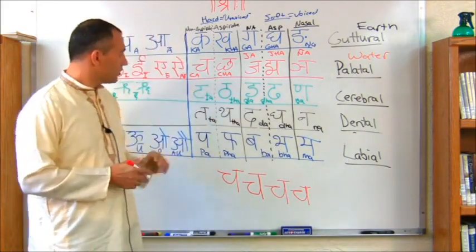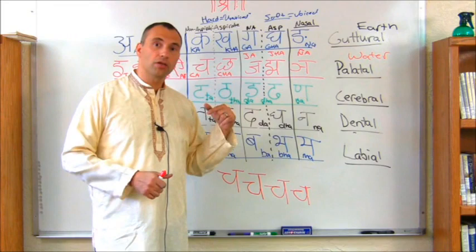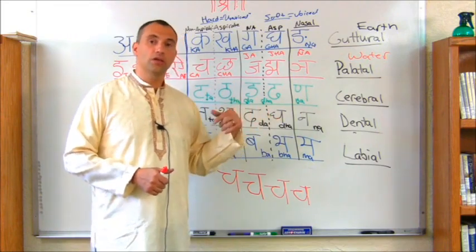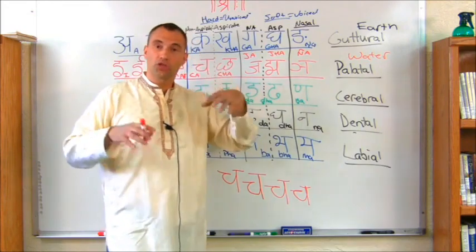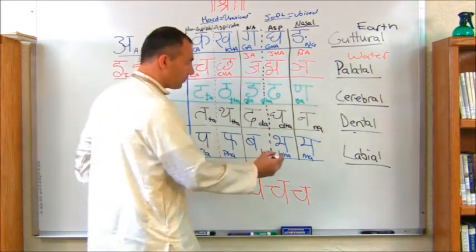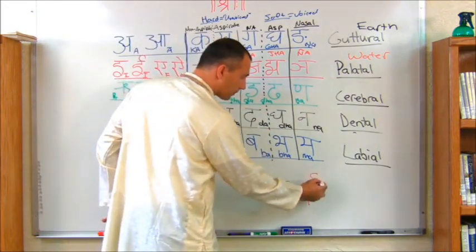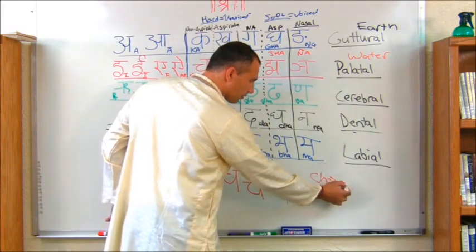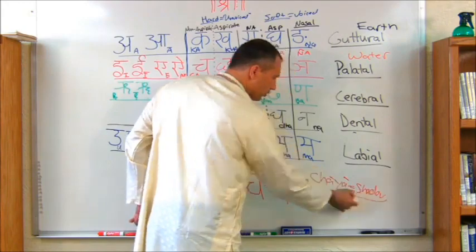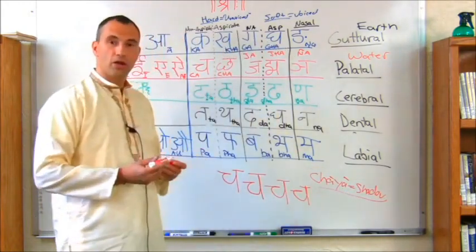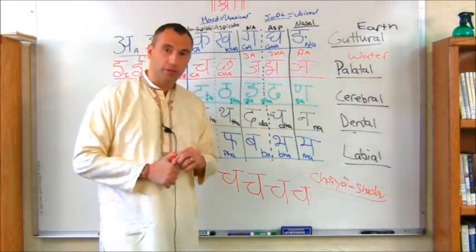Okay, the next letter is chha. Chha, chha. Okay? Chha relates to shadow, chhaya. The word chhaya means shadow. Chha relates to shadow and covering, concealment.